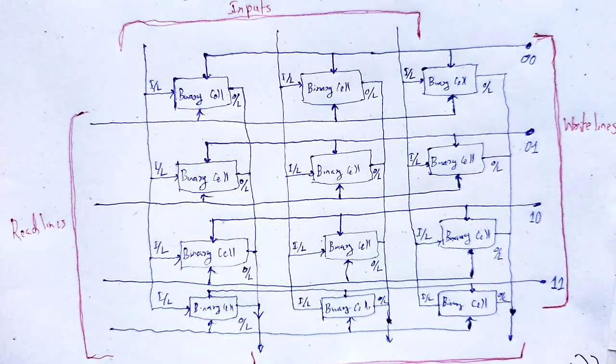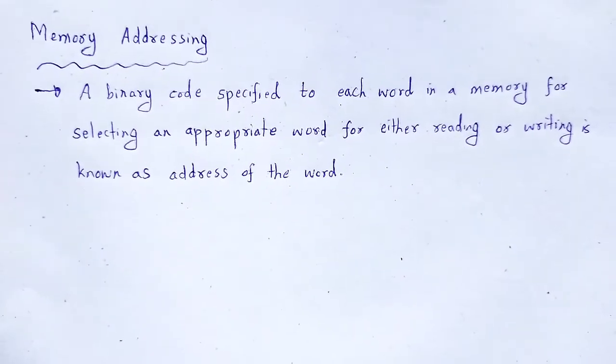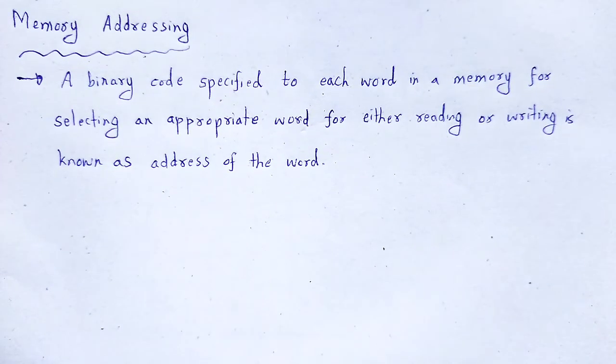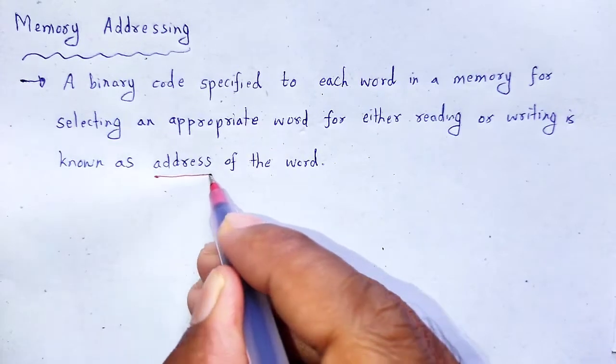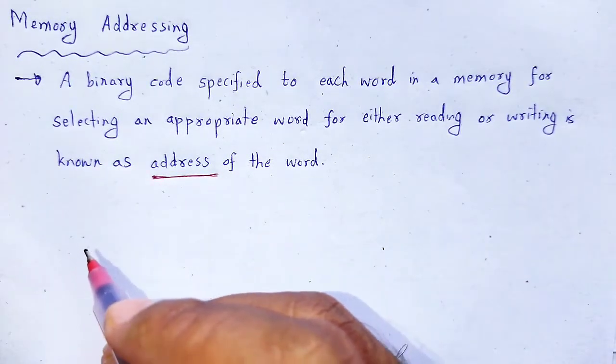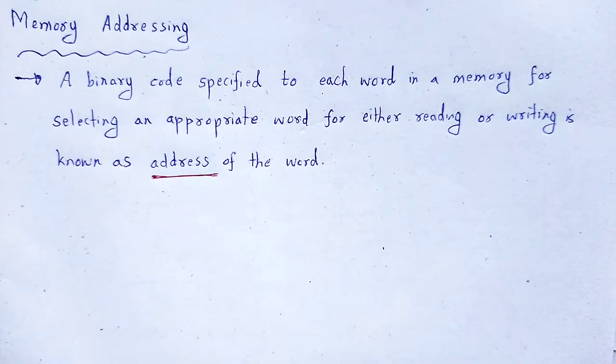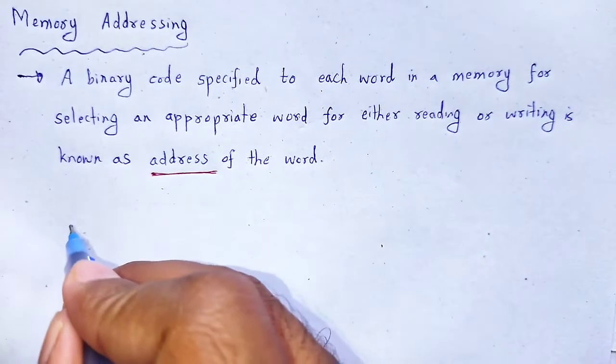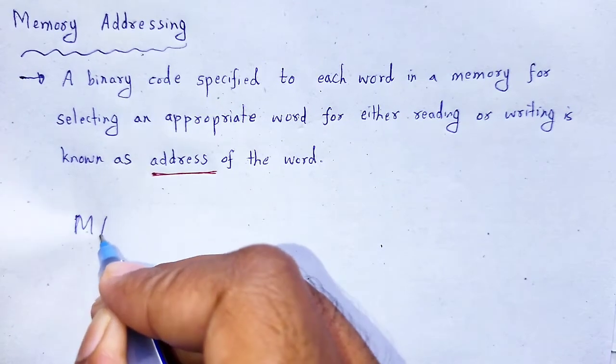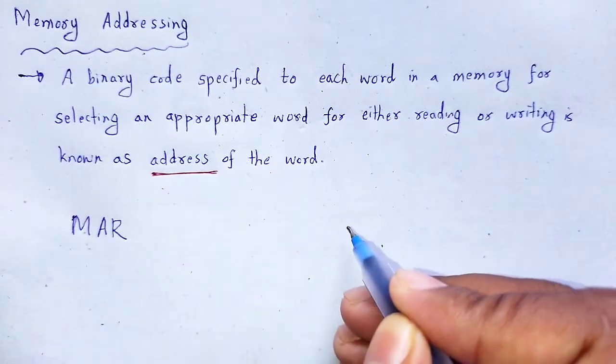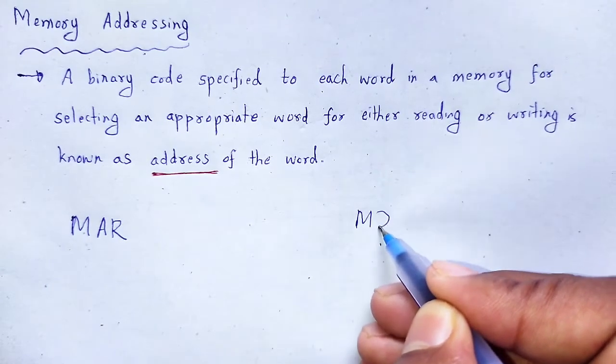Next, memory addressing. The binary code specified to each word in a memory for selecting an appropriate word for either reading or writing is known as the address of that given word. We classify memory addressing into two: one is MAR, another one is MDR.